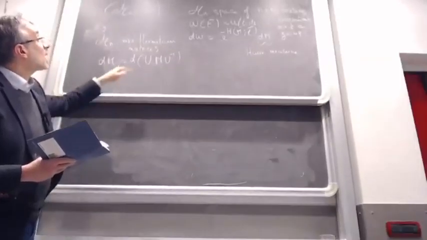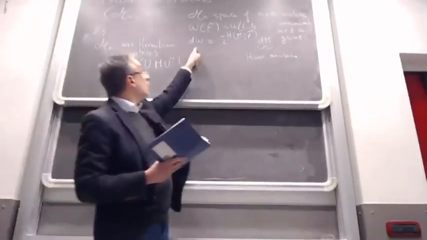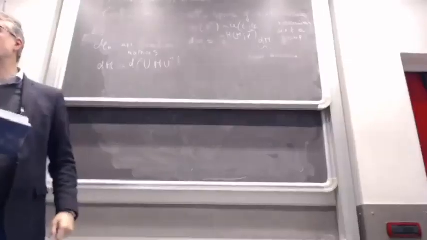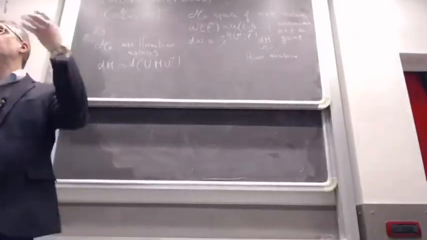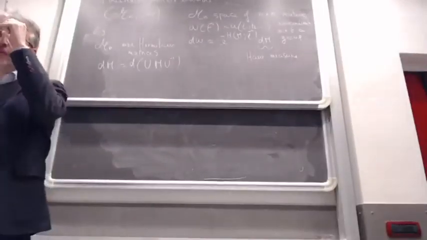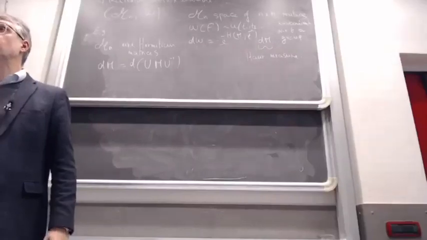So I'm looking for omega of this particular form, integrating over the space of Hermitian matrices.